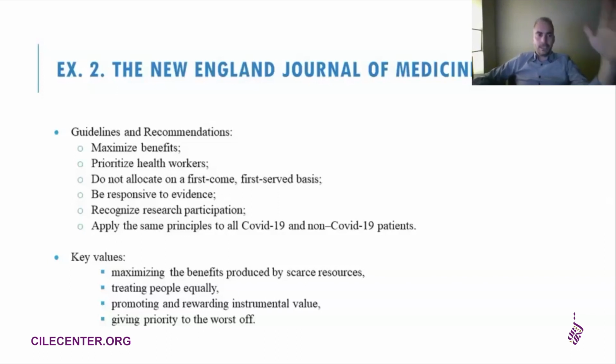So we can say that, okay, this is a universal value, but we cannot consider it as a recommendation, because the applications will be very different and controversial in applied cases. So we cannot say recommend doctors to maximize the benefit, but based on what? That you consider this as benefit or greater benefit.